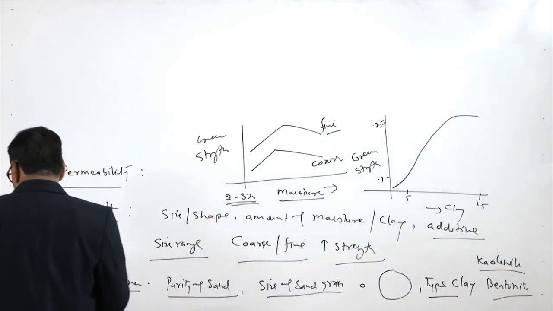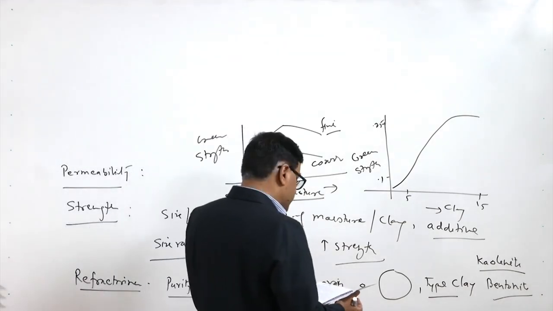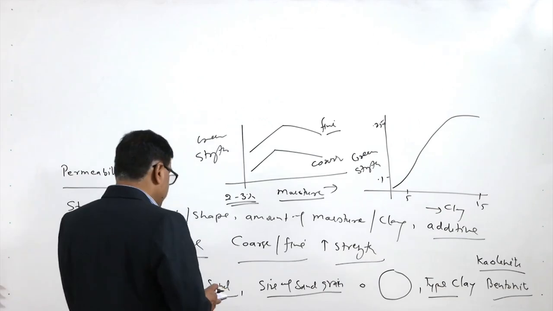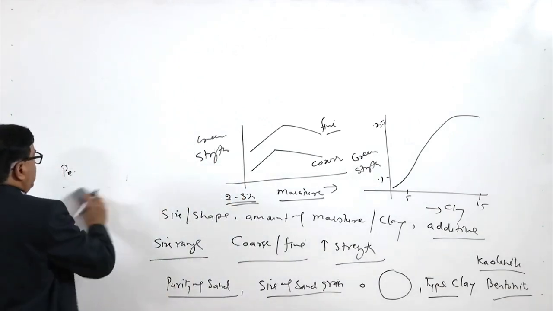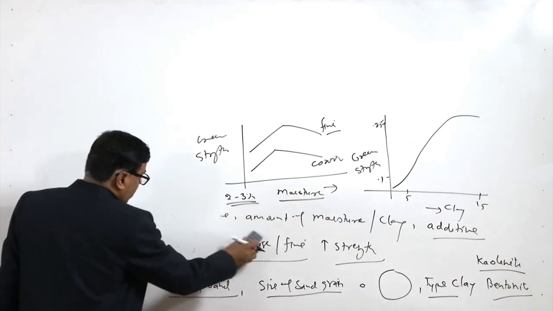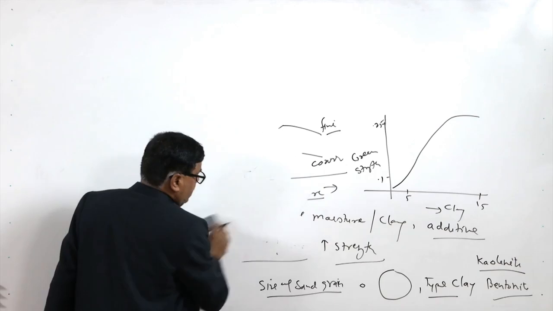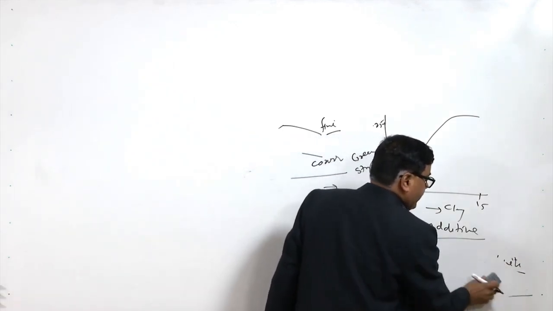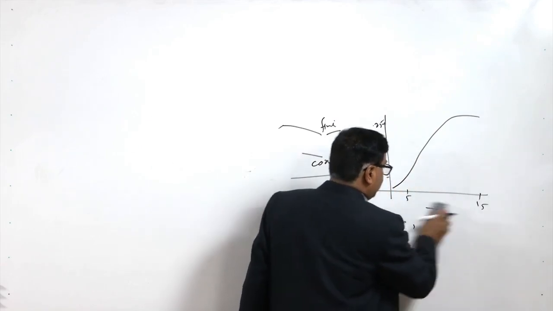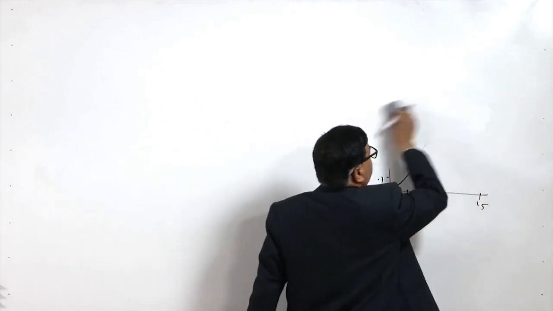Bentonite has a melting point around 1230 to 1300, which is much lower as compared to that of kaolinite. So, these are the factors related to the molding sand which will be affecting properties like strength, refractoriness and the permeability of the sand mold.